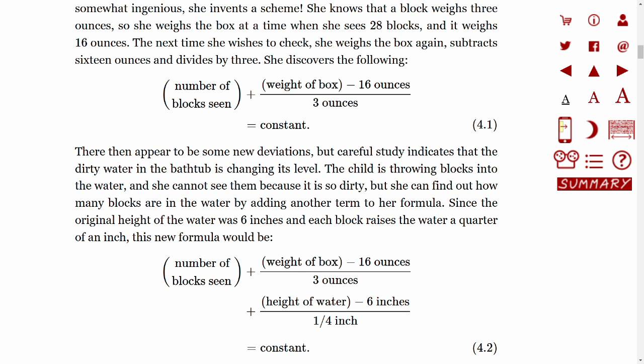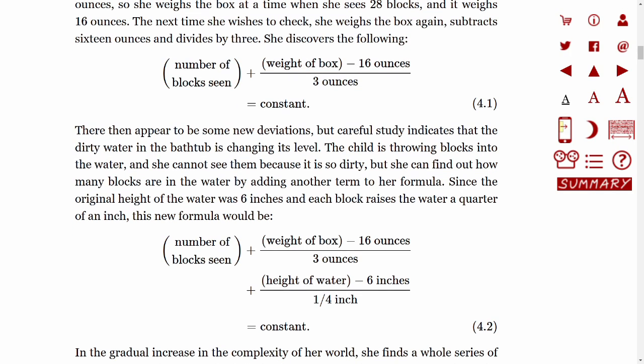There then appear to be some new deviations, but careful study indicates that the dirty water in the bathtub is changing its level. The child is throwing blocks into the water, and she cannot see them because it is so dirty. But she can find out how many blocks are in the water by adding another term to her formula.